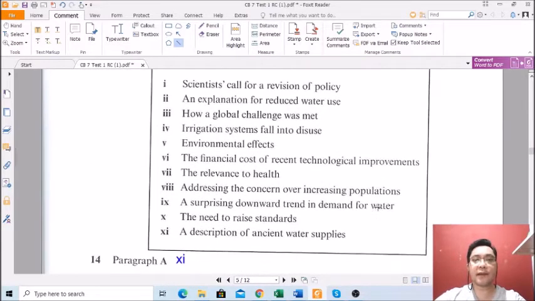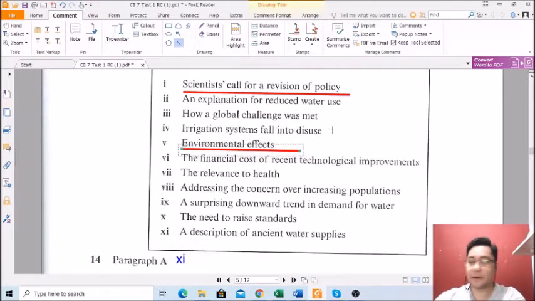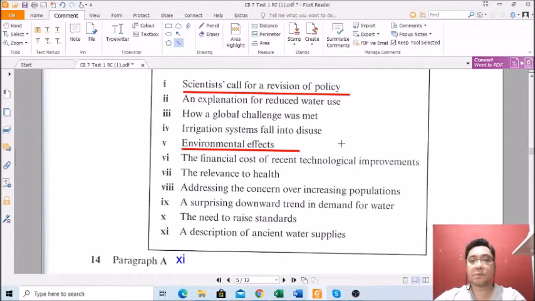If you try to check here 1 to 11, then we will be able to see that the closest headings can probably be "scientists call for a revision of policy", and then in here we have as well "environmental evac", which are quite close. But now let's see which one has more to say about the paragraph.